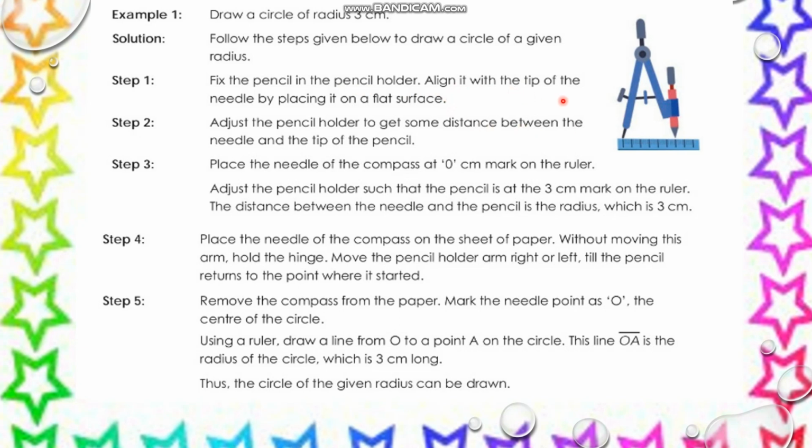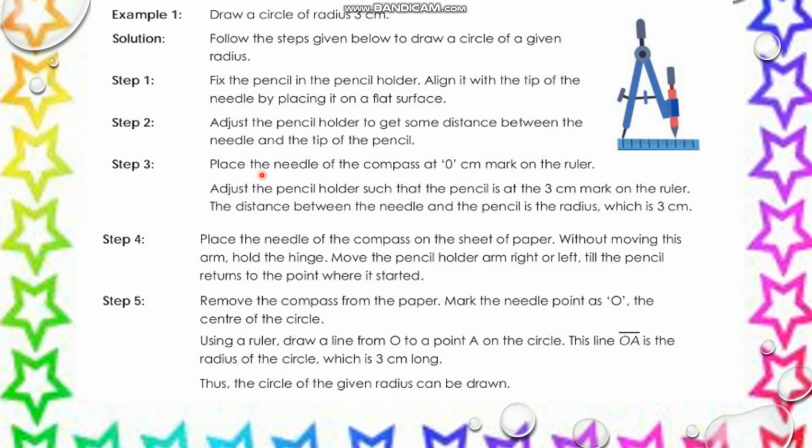Then align it with the tip of the needle by placing it on a flat surface, on a book or on a paper. After that, adjust the pencil holder to get some distance between the needle and the tip of the pencil. You can stretch like this.